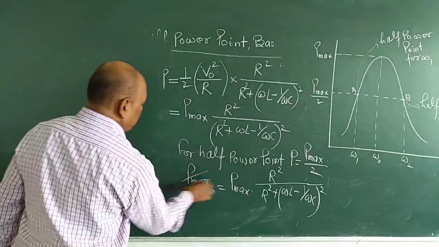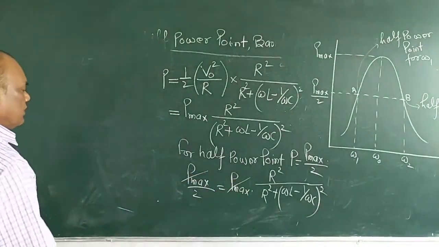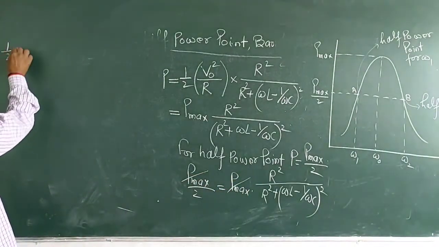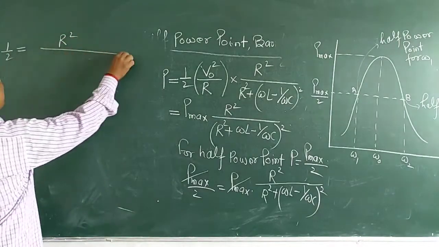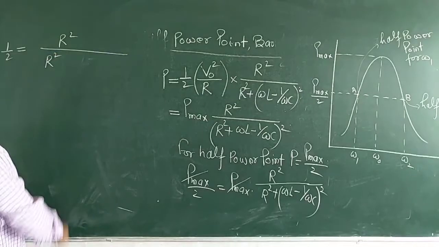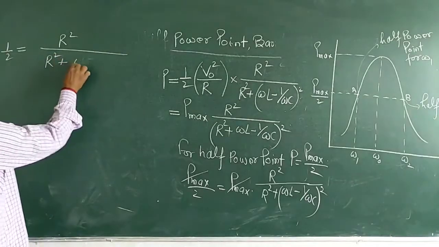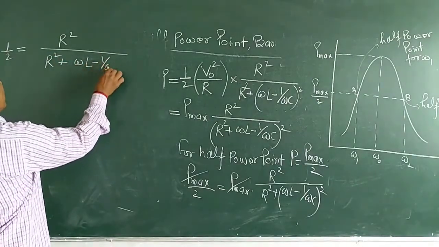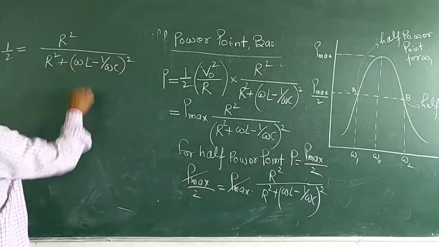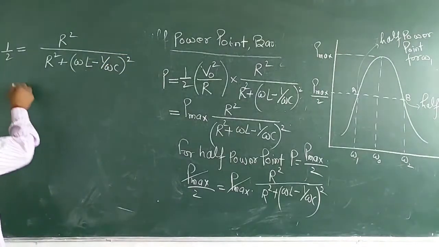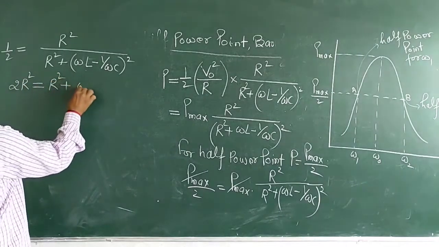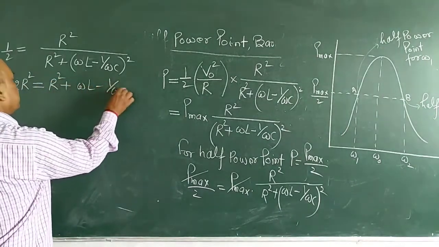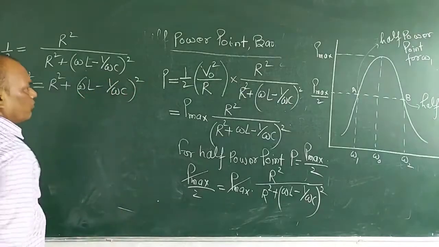So P max will be cancelled out. We have half is equal to R square divided by R square plus omega L minus 1 by omega C whole square. So this becomes 2R square is equal to R square plus omega L minus 1 by omega C whole square.